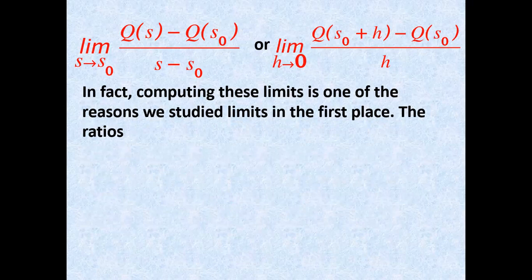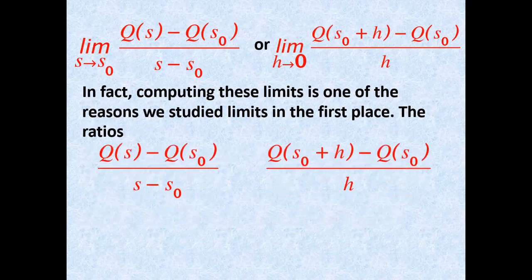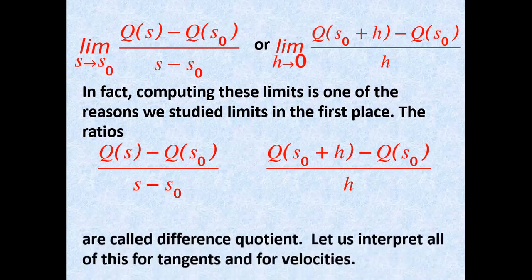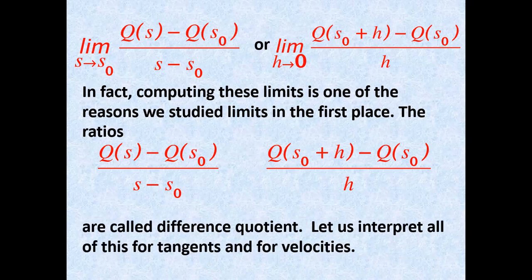The ratios q of s minus q of s naught all over s minus s naught, and q of s naught plus h minus q of s naught all over h, are called the difference quotients. So let us interpret all of this for tangents and for velocities as well.